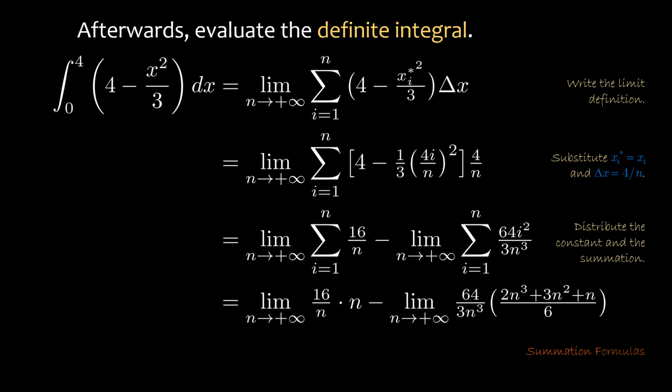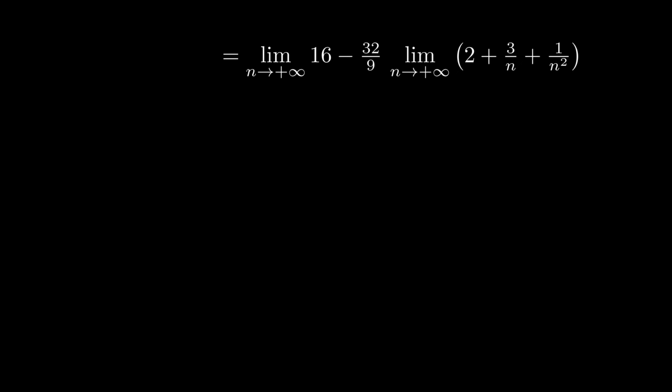Apply summation formulas. Simplify the quotients. Divide out the common factors and move the constant multiplier outside the limit. Evaluate the limit using a limit at infinity rule.